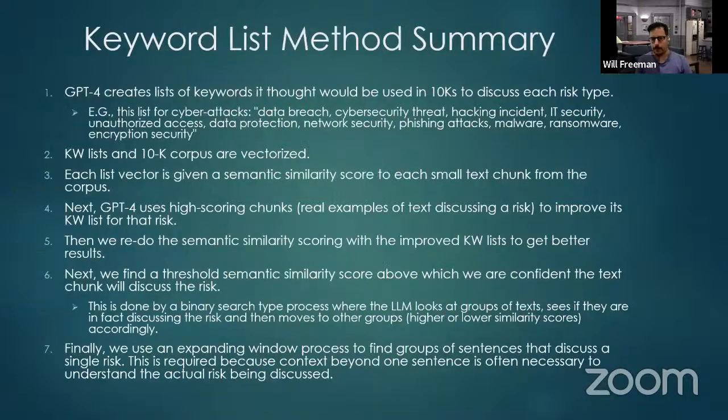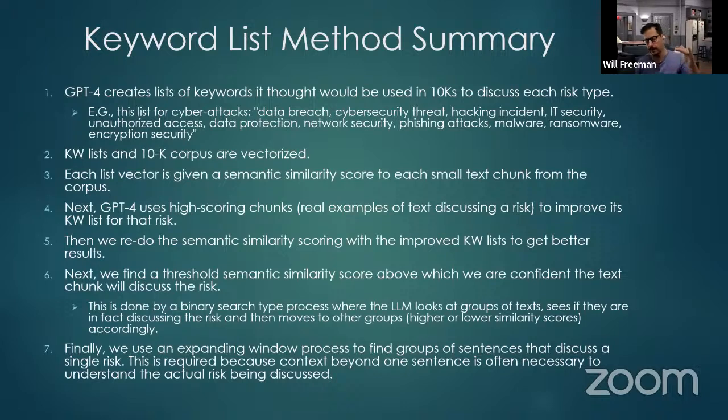So I tried to come up with a new methodology that mixed these approaches, so that I could save money but try to maintain the same level of accuracy. In short, that was basically to come up with lists of keywords for each risk.